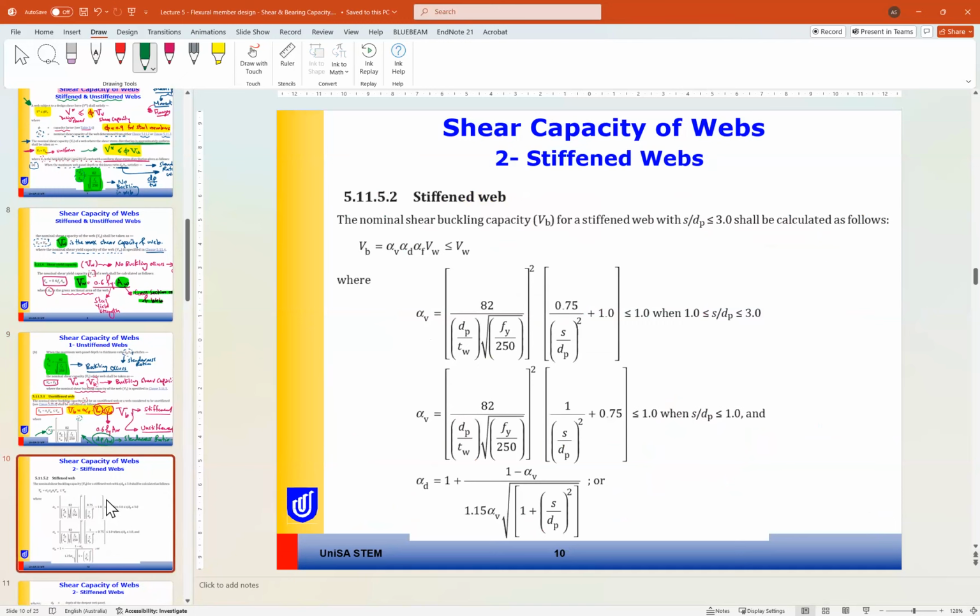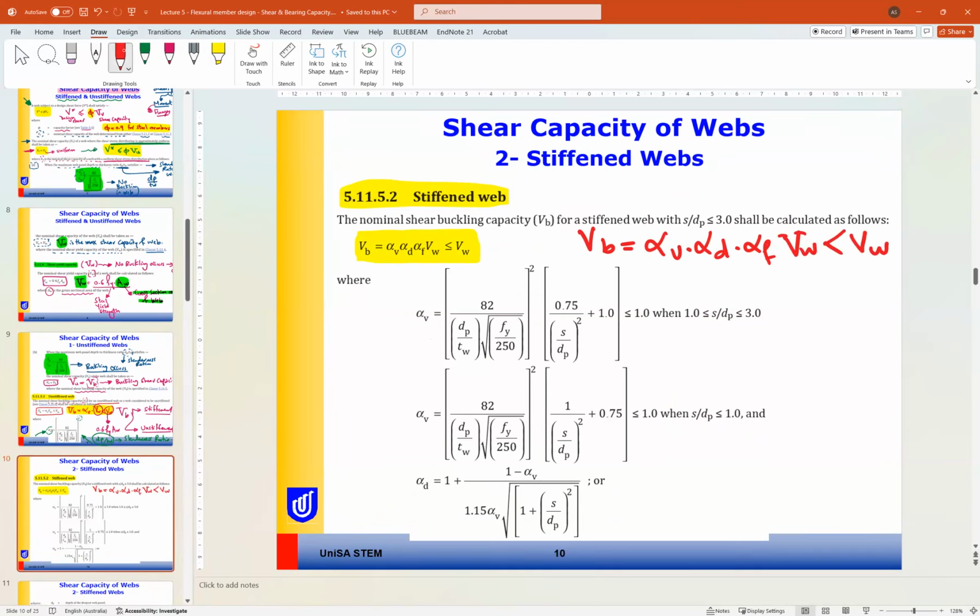For stiffened web, we have a different value for VB. So for stiffened web, VB equals alpha V times alpha D times alpha F times VW, and should be less than VW.